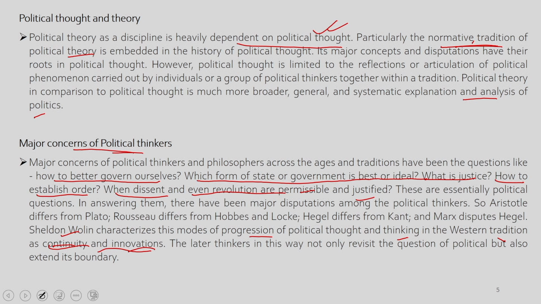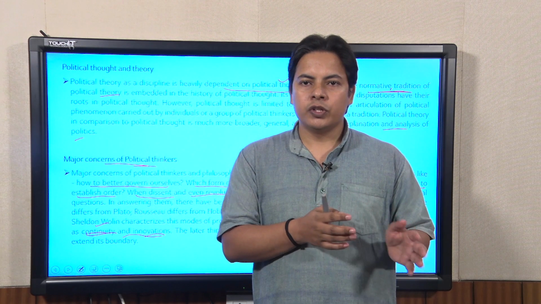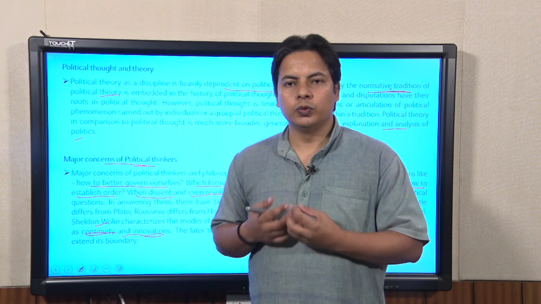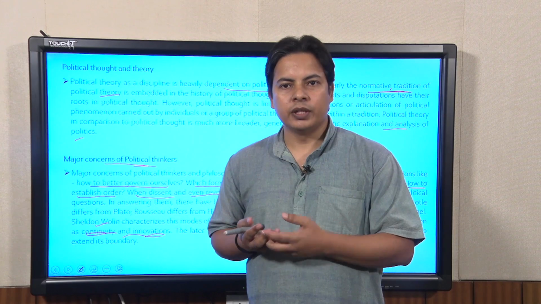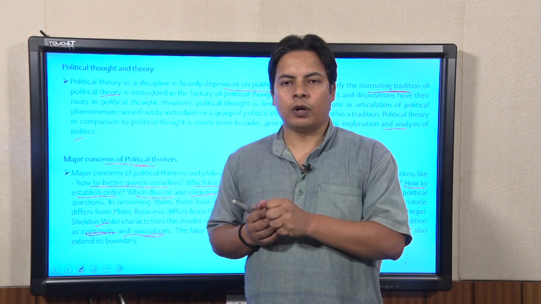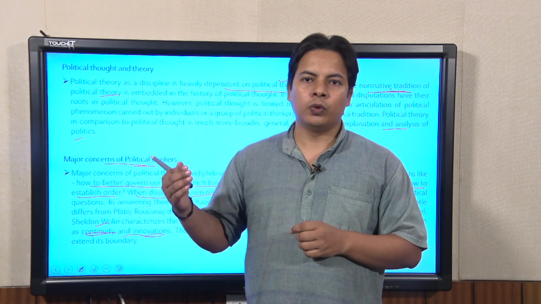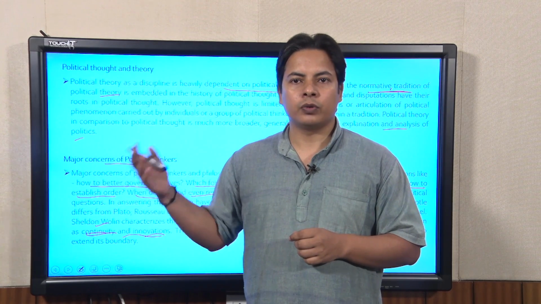Continuity, in a sense, when Plato's political thought is criticized by Aristotle. In that criticism, he is not just innovating a new meaning of the political or a new understanding of the state, but there is also a kind of continuity from Plato, and so it is when we talk about Hobbes, Locke, Rousseau.